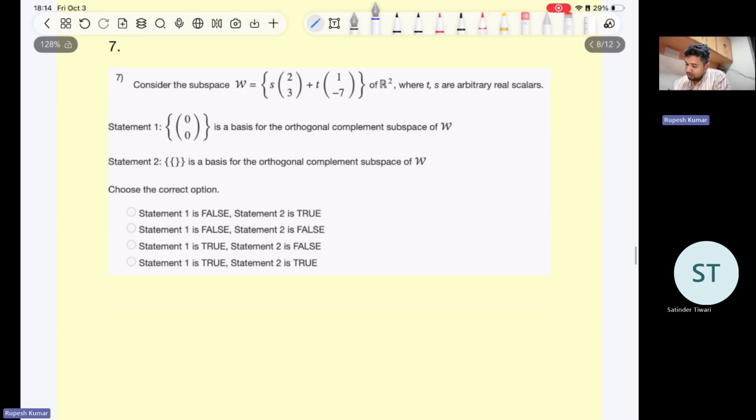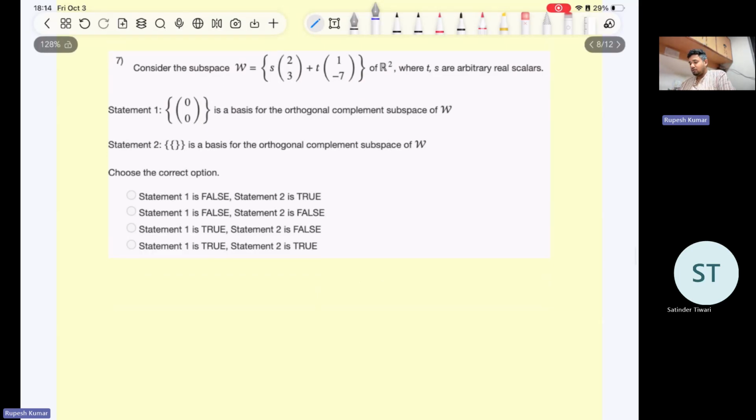Statement 1: (0, 0) is a basis for the orthogonal complement subspace of W. We all know the definition of the orthogonal complement subspace.